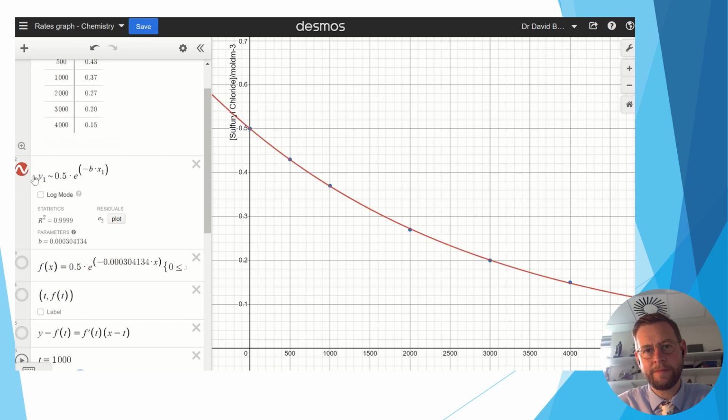And if I turn this on, it's drawn the line through the data, and it starts at 0.5 because that's where the intercept is, and the best value of B to get a curve like this is 0.0003.